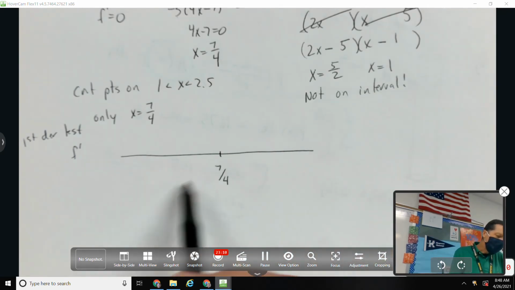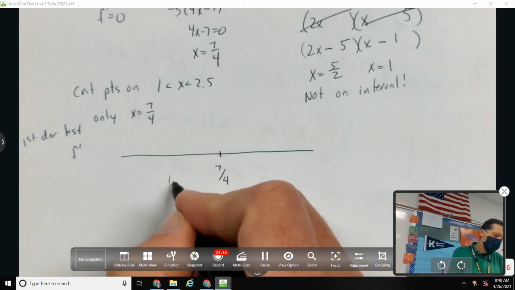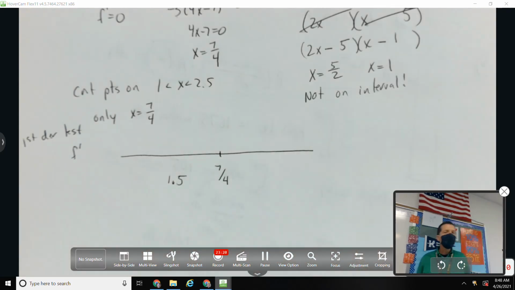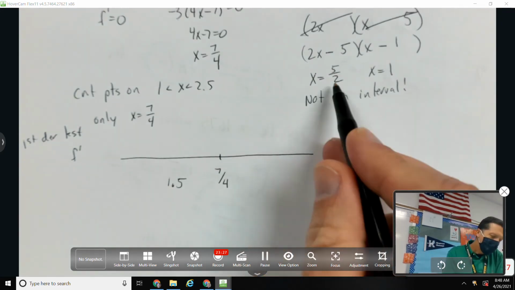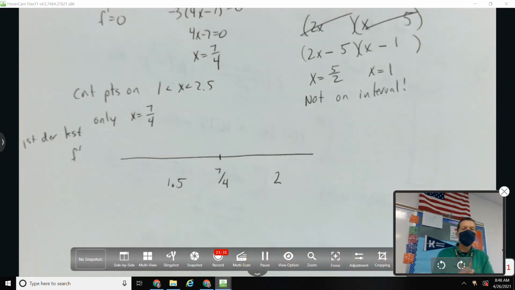So I need something bigger than 1 but less than 7/4. How about 1.5? Yeah. And then bigger than 7/4 but less than 5 halves. 2. That's a little easier one there.